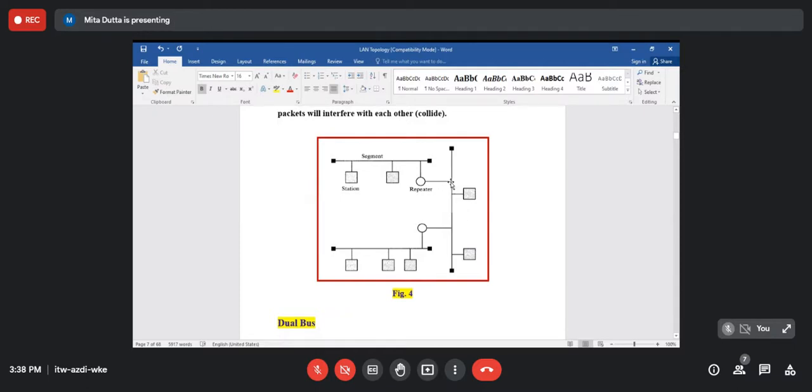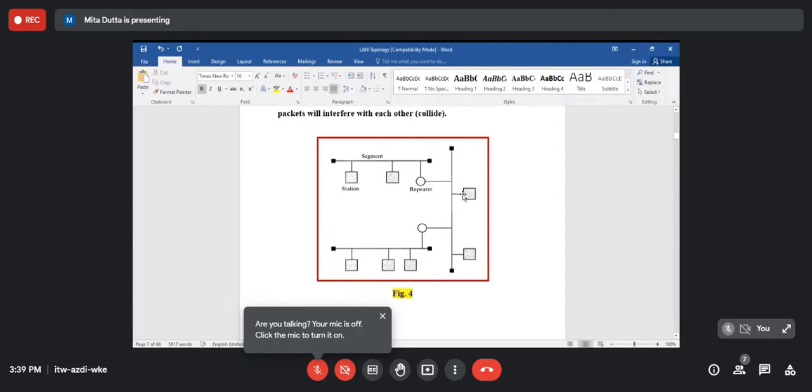Now why is this so? Because if station A on this segment wants to send information to a station on another segment, then the repeater will accept that information from this segment and send it to the other segment.